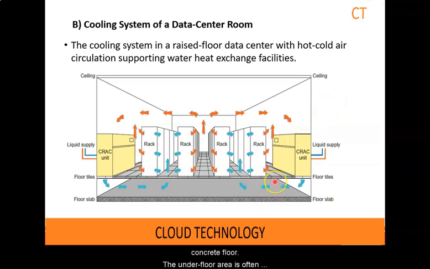The underfloor area is often used to route the power cables to racks, but its primary use is to distribute cool air to the server racks. The CRAC, computer room air conditioning unit, pressurizes the raised floor plenum by blowing the cold air into the plenum.